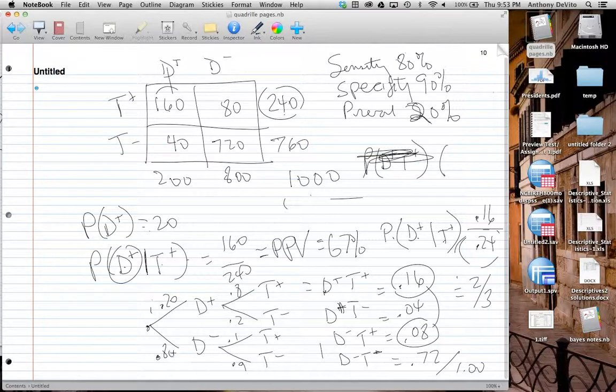The 0.8 is the inverse of the prevalence. In other words, it's 1 minus the prevalence, 0.2 subtracted from 1. That's the 80% of the people that don't have the disease. So it's 1 minus the prevalence times the 0.1, which is the ones that tested positive. And what is that 0.1? That 0.1 is 1 minus the specificity.